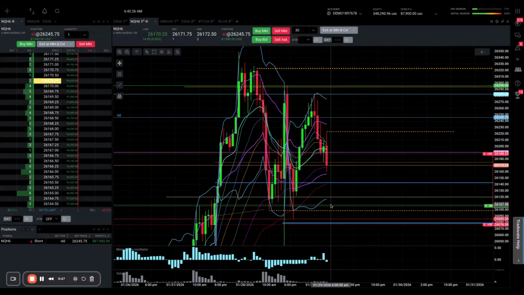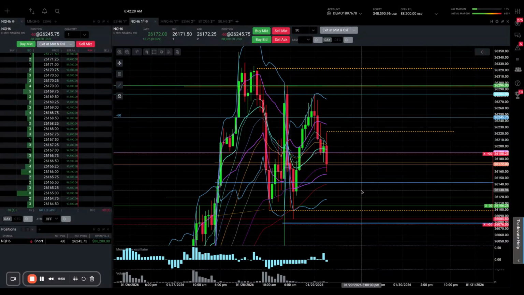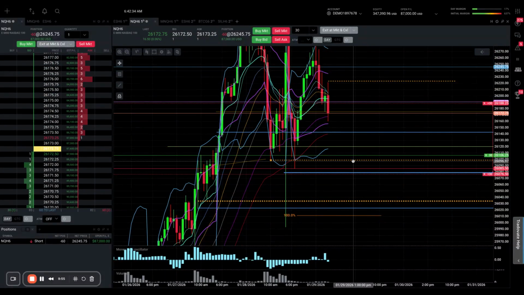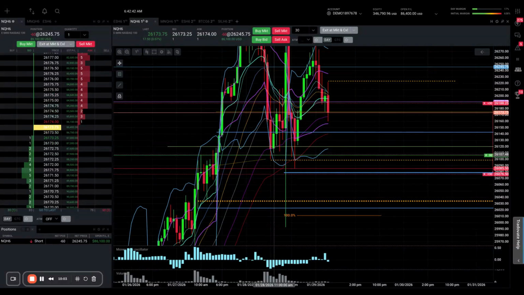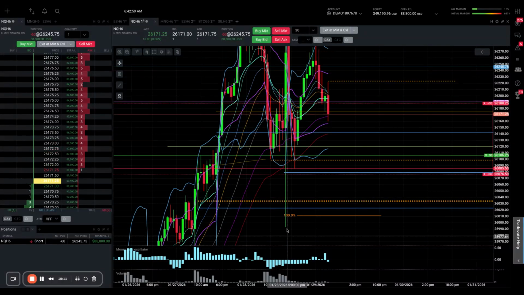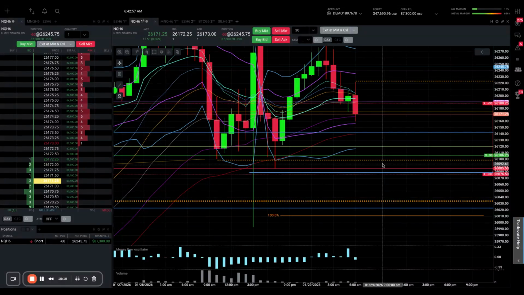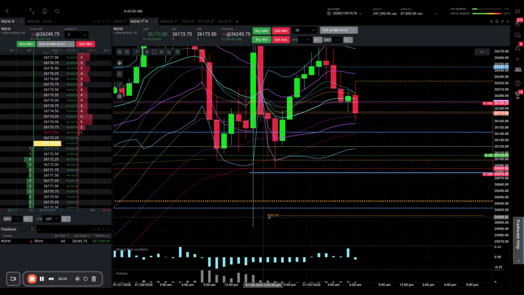Either we hold into this zone, which is 26,100, which has been a key level we've been talking about since yesterday, and we were hanging around here at the end of the day yesterday till close, until Tesla after hours and Tesla earnings, we came all the way down and then powered back up. So this is a really good support level right here, guys, 26,100.